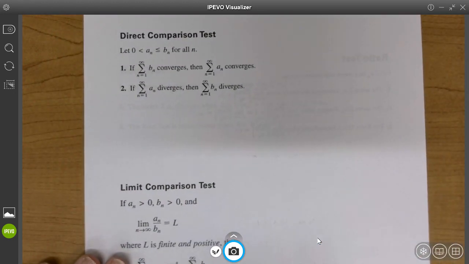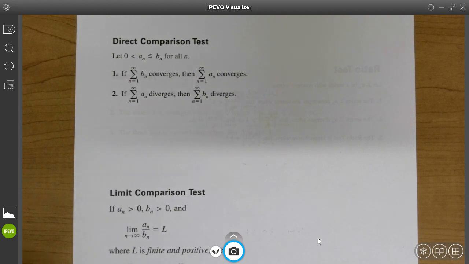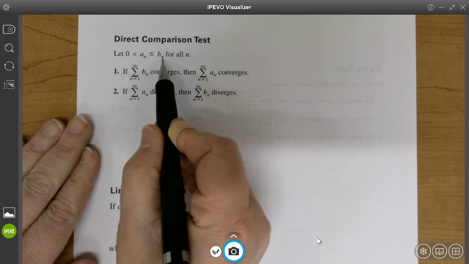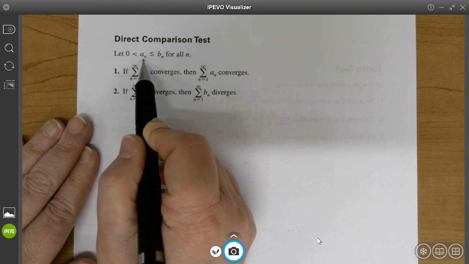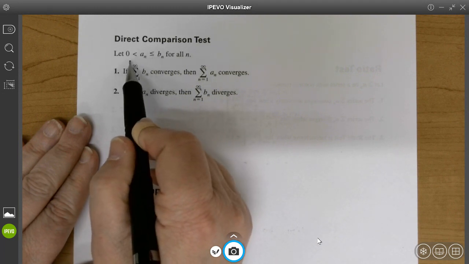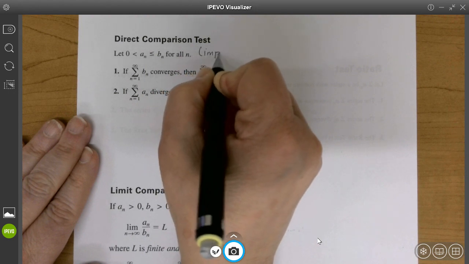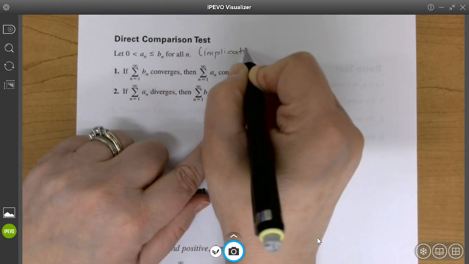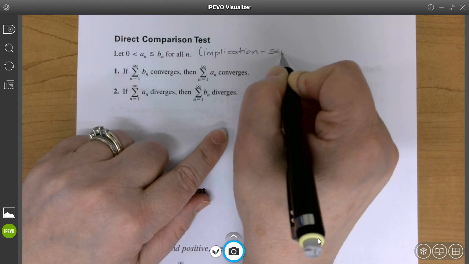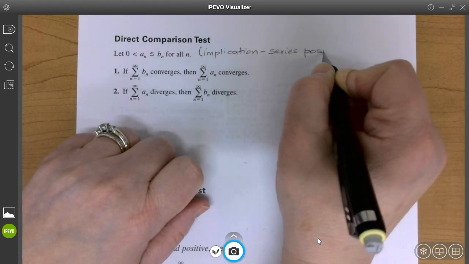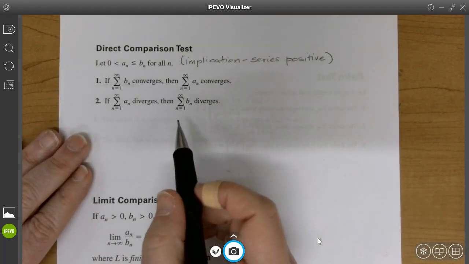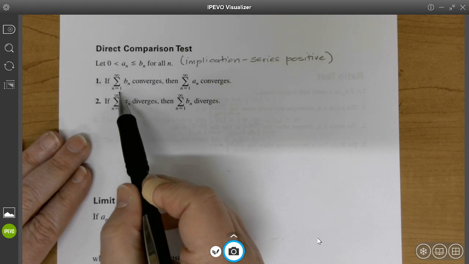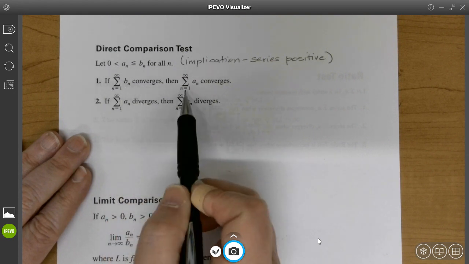The next test is the direct comparison test. Now, this is pretty logical, I think. So let's read it. It says, if you have two sequences, A and B, and B is bigger than or equal to A, but both series are greater than 0, which means the series are positive, then what the direct comparison test states is if the series for B converges, then the series for A will converge.